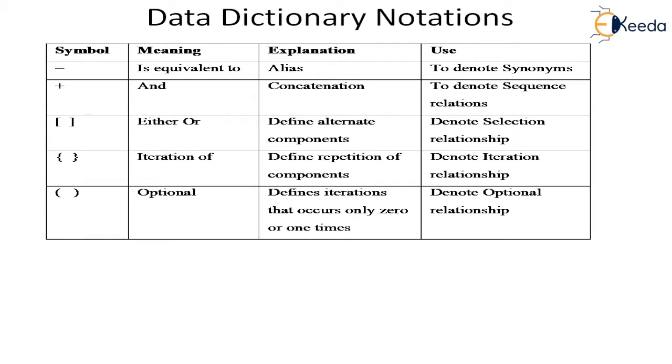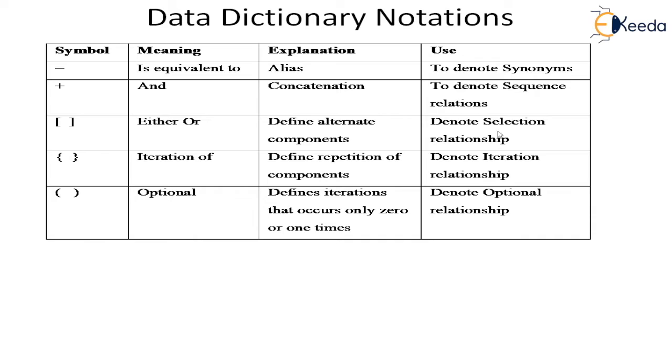These are some of the notations. This is your alias, this is your concatenation, and this is either-or. So these are selection: you can have multiple elements and multiple values inside a square bracket, and one of them will work.